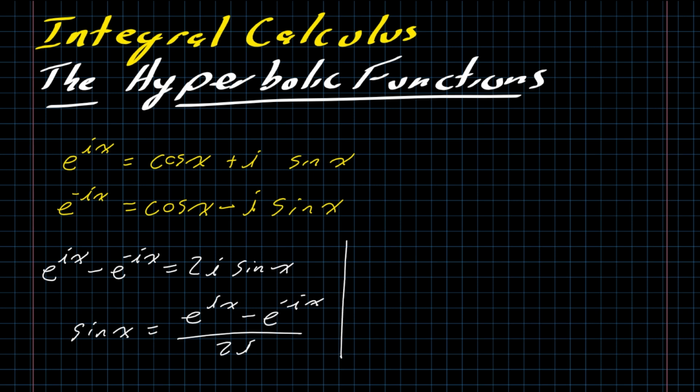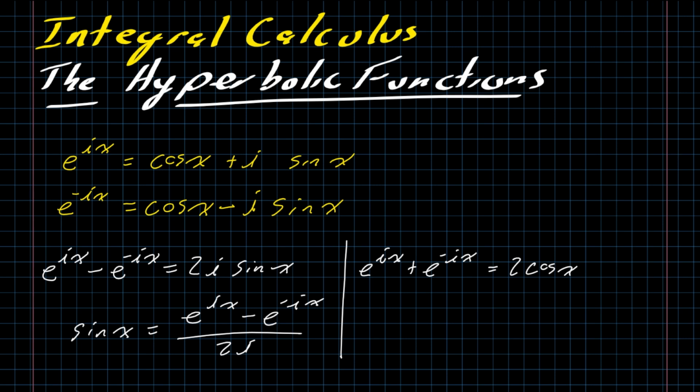If instead we add these things together, e to the ix plus e to the minus ix, I think it is a little bit more clear what's going to happen. We have cosine of x plus cosine of x, which is 2 cosine of x, and then we have sine x minus sine x, which is 0.